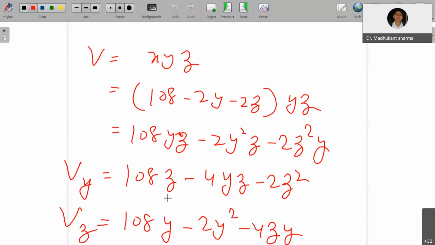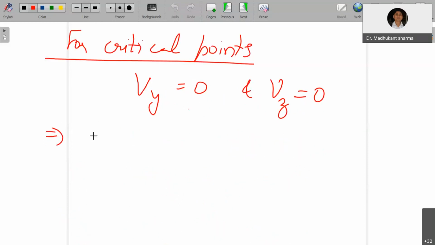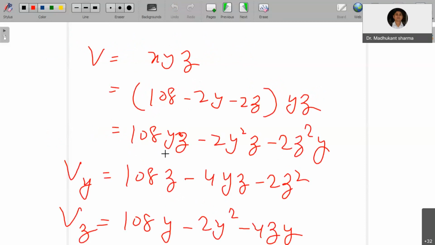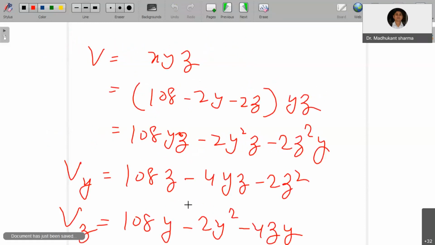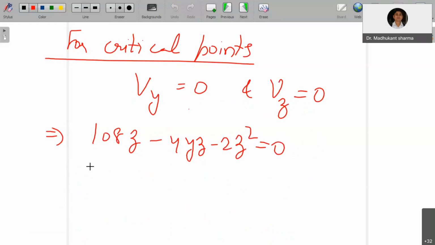So you have 108z minus 4yz minus 2z square equals 0. And Vz equals 0 gives, by symmetry, 108y minus 4yz minus 2y square equals 0.